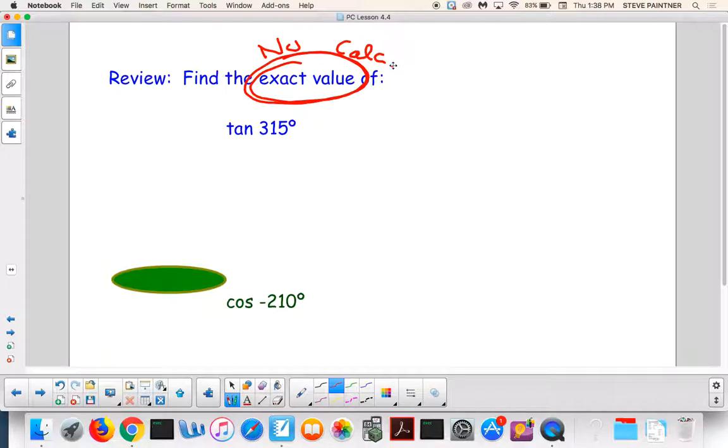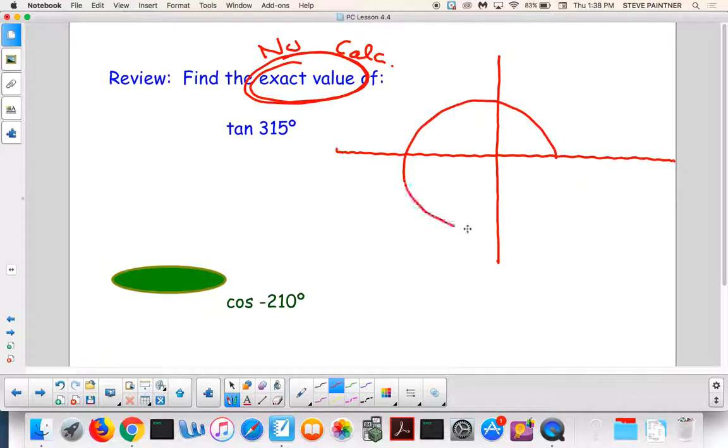Now, you're at 270. You guys have got to start getting a little memorization, which comes in really quite important here.